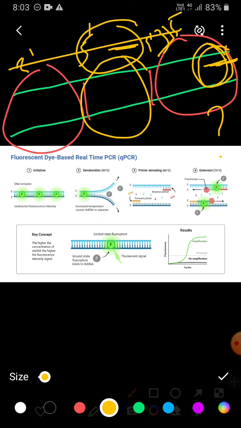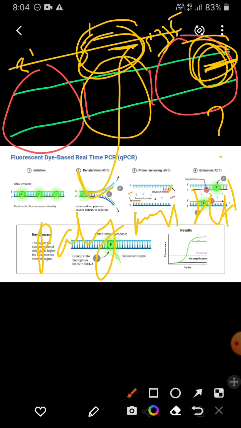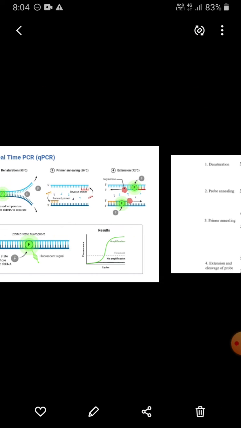Make sure that this is a sequence specific probe, but with the help of this sequence specific probe we are not facilitating any kind of polymerization. So we don't need to make this probe specific for the 3' end of the DNA molecule. That is the thing that you have to keep in your mind.